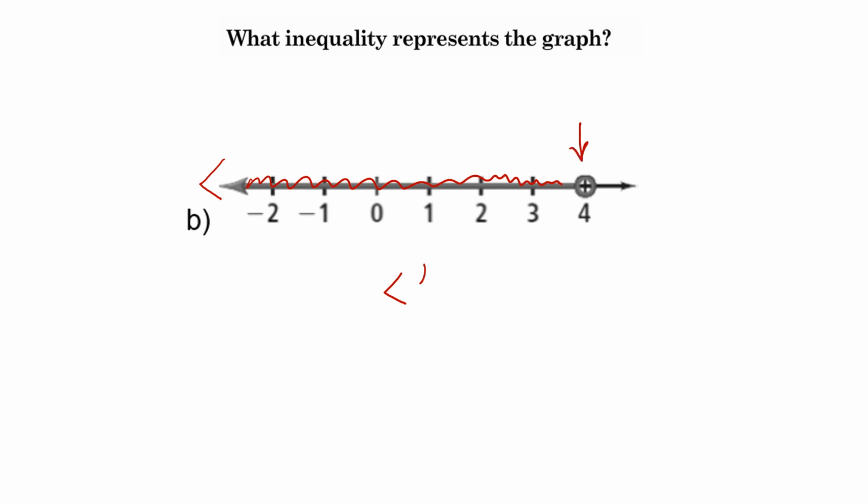So I'm going to put that here. That means that x is less than 4. It's an open circle, which means that x will never be 4, and it'll actually never be greater than 4. With that being said, you could actually write it like this: 4 is greater than x. It just tells you that x will never be greater than 4.